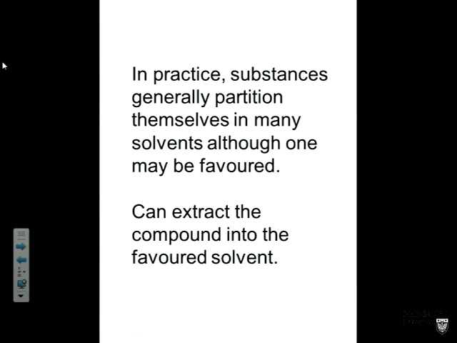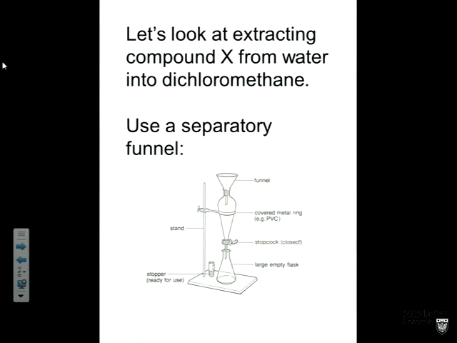And so by doing multiple extractions, by doing this process several times, we can pull out the compound that we're looking for. So let's look at extracting a compound X from water into dichloromethane. We take a device called a separatory funnel. It has an odd shape, but the shape is designed to help you to separate the phases. And you'll experience this next week.